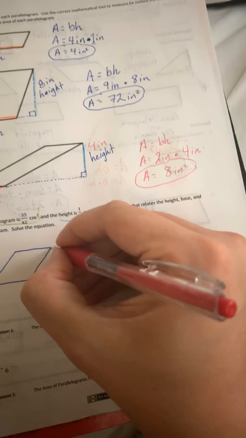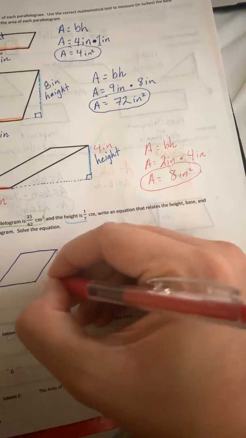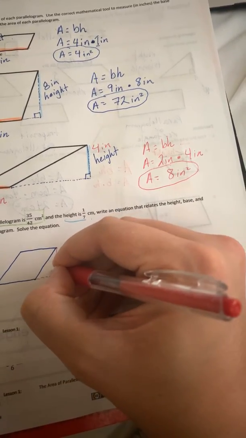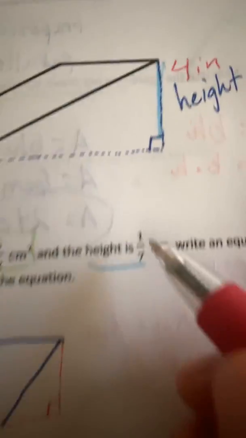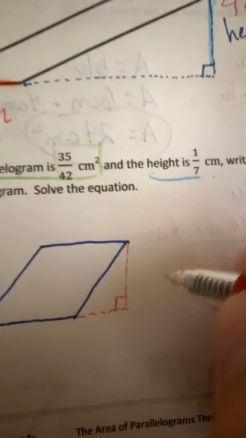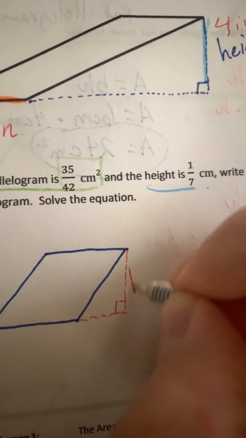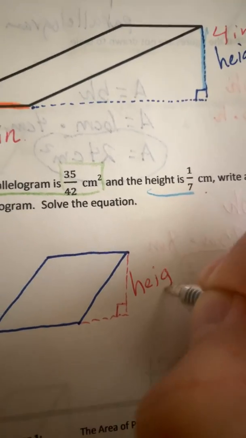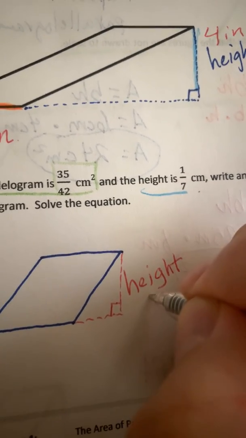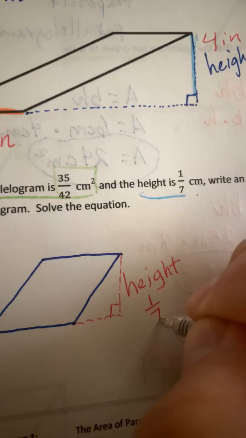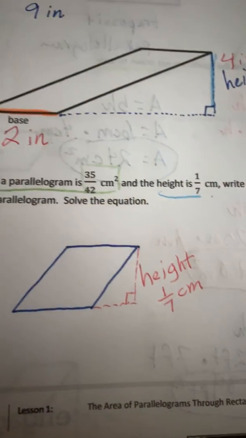And I'm going to use a red pen to show the height. Okay, so right there, kind of like in red. And they're telling us that the height of this parallelogram is 1/7 centimeter. So right here, this is the height, how tall it is, and it's saying that the height is 1/7 of a centimeter.